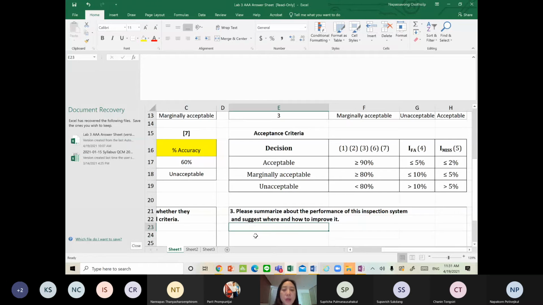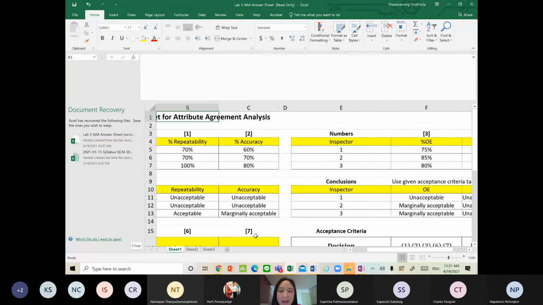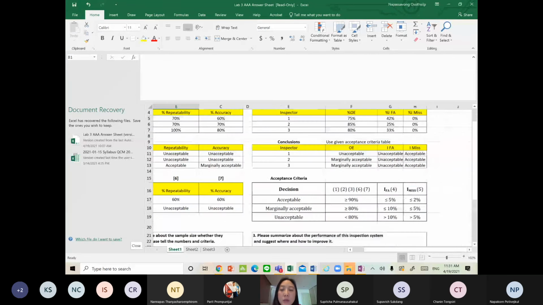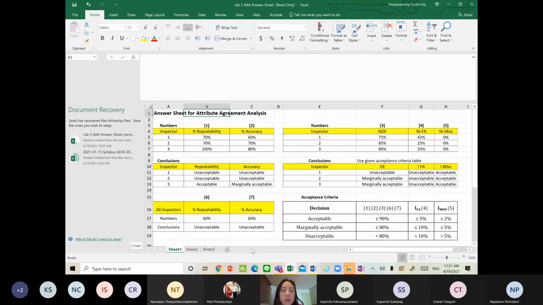Where to improve? That means you have to take a look at all indicators and find out which indicators are unacceptable. Unacceptable means you have to improve it, right? That is where you need to improve. For example, overall, the repeatability and also accuracy are not acceptable.